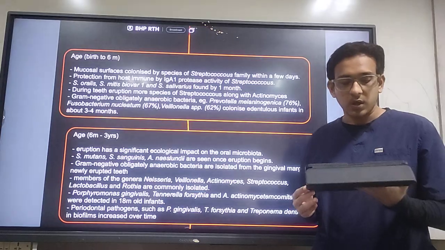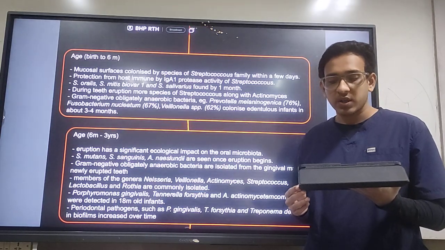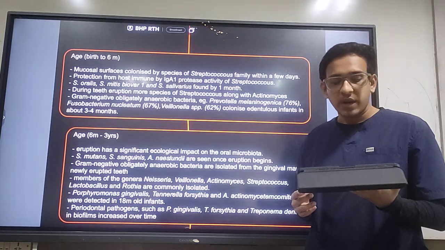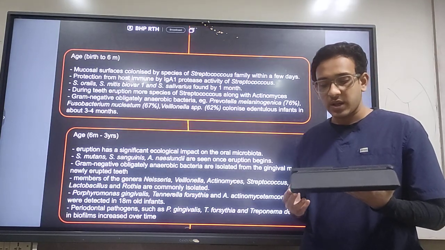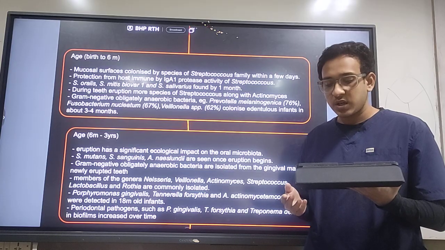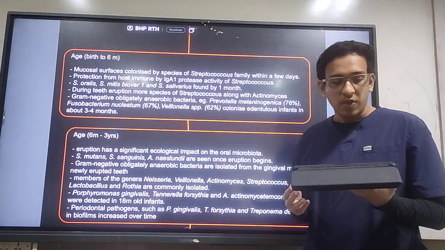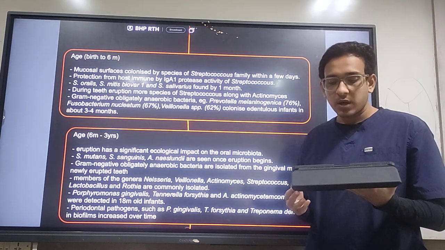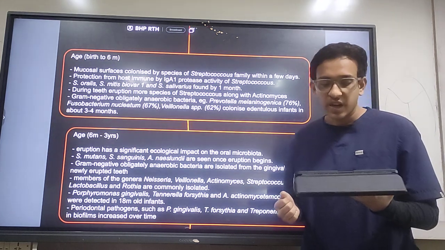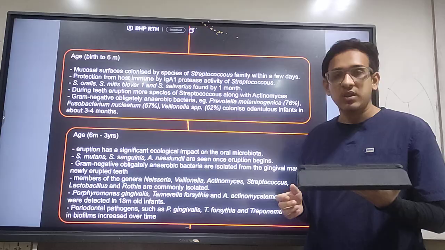During teeth eruption, more species of Streptococcus are seen along with Actinomyces. Gram-negative obligatory anaerobic bacteria, for example Prevotella melaninogenica, Fusobacterium nucleatum, and Prevotella spp., colonize edentulous infants at about 3 to 4 months.